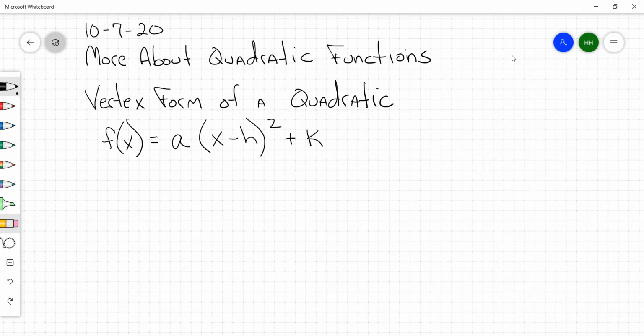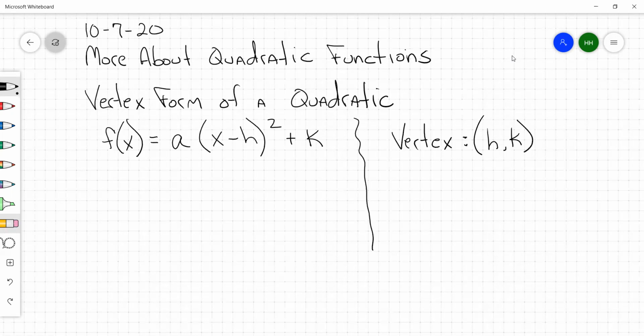Now, I want to go through this information one more time. Yesterday, we talked mostly about the vertex. We said that the vertex is located at (h, k). So the x value at the vertex is the opposite of whatever's next to the x in the parentheses.